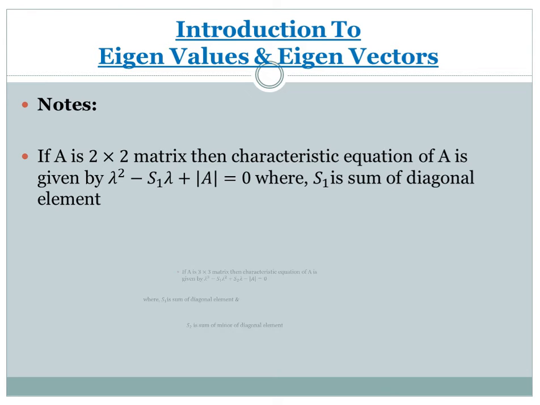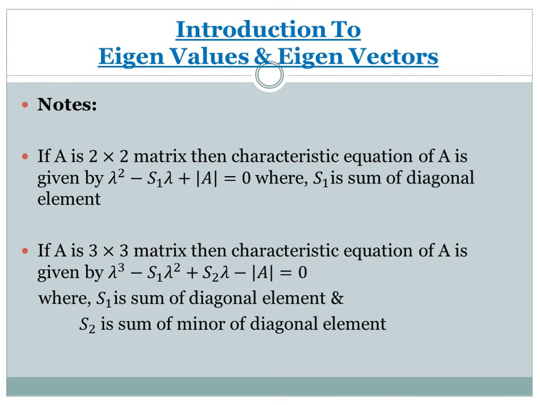Now the second note: if matrix A is a 3 by 3 matrix, then its characteristic equation is given by lambda cube minus s1 lambda square plus s2 lambda minus determinant of A equal to 0, where s1 is again the sum of diagonal elements and, most important, s2 is the sum of minors of diagonal elements.